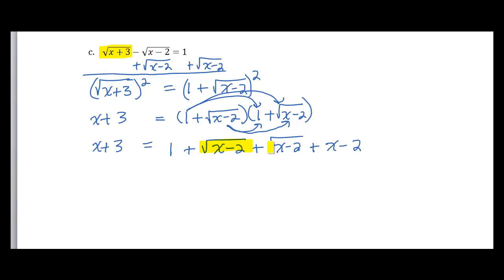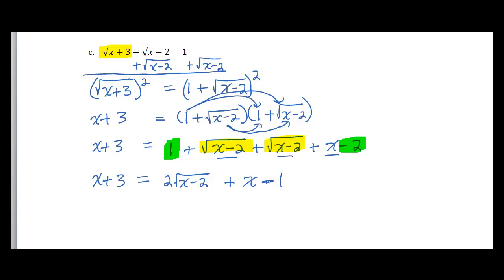These two are like terms, they have the same radicand, and this 1 and that negative 2 are like terms. We'll leave the left-hand side alone. These two are just going to be 2 times the square root of x minus 2, plus this x on the outside, and 1 minus 2 is a negative 1.